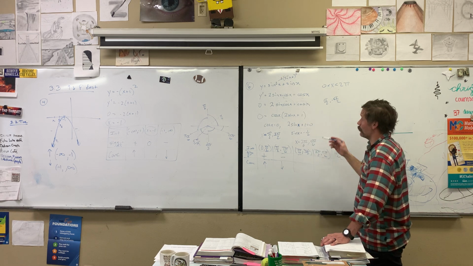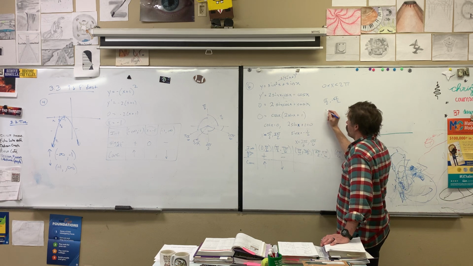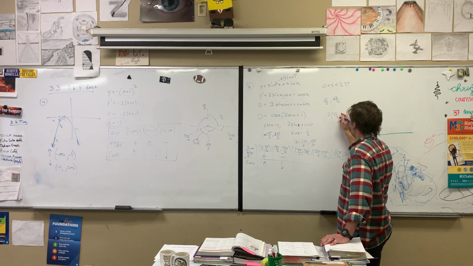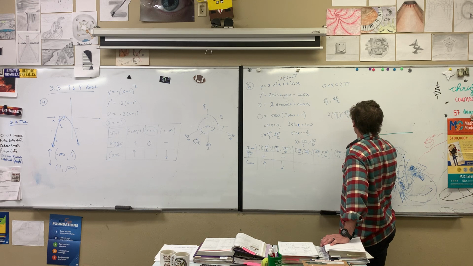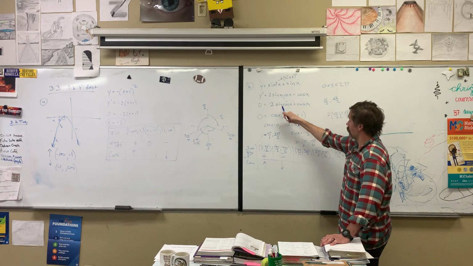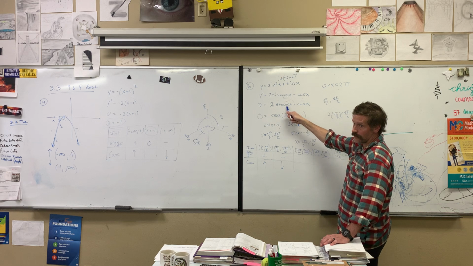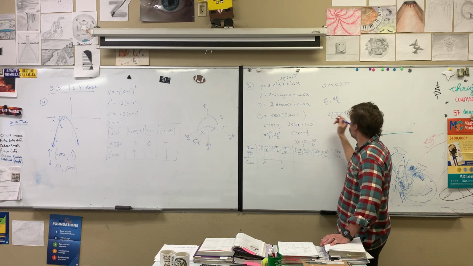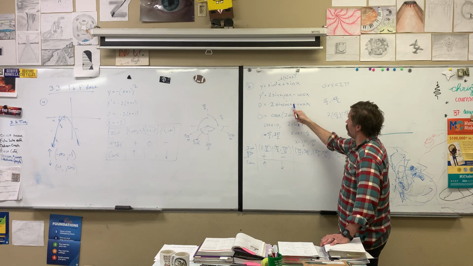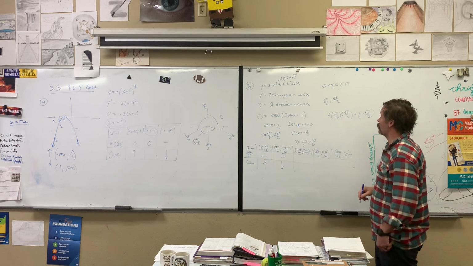So we would have 2 times root 2 over 2 times root 2 over 2, which are both negative, plus a negative root 2 over 2.